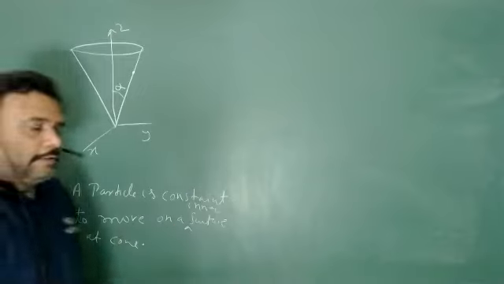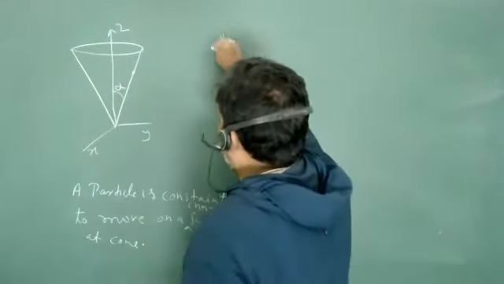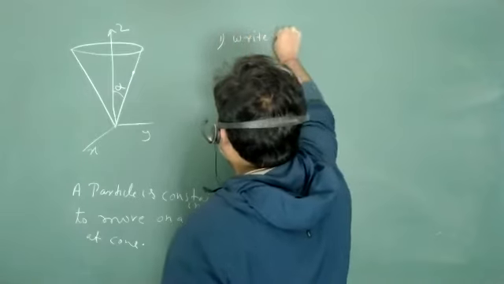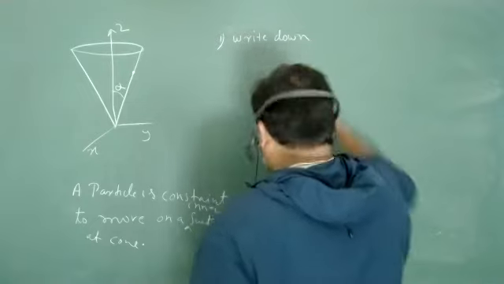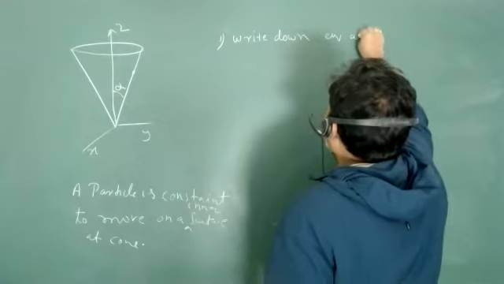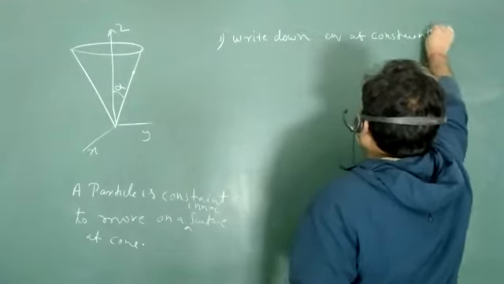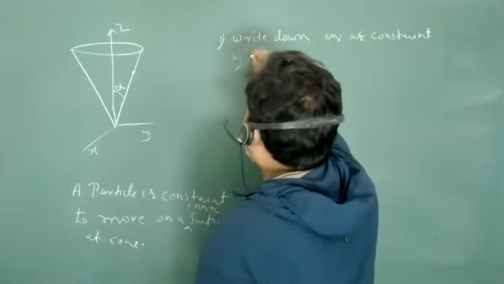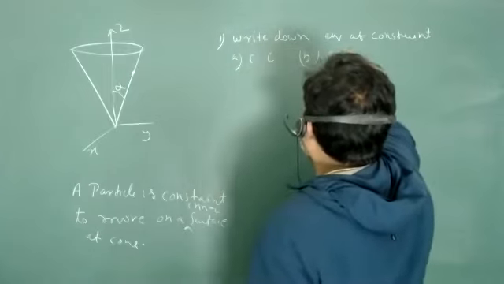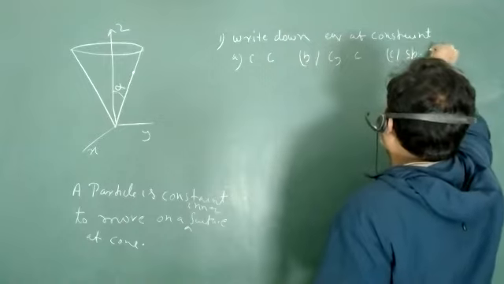Now, the first question is to write down the equation of constraint in (A) Cartesian coordinate, (B) cylindrical coordinate, and (C) spherical coordinate.